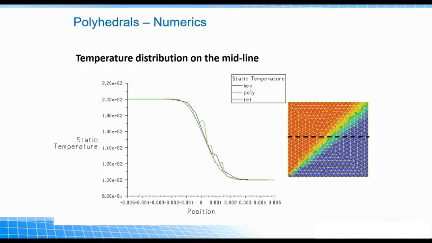Really, you would get more of a smooth transition here, which is what you would be after. The hex line in black is much better. It still has some angles and some back and forth on it, but it's quite a bit better than the tet. And then finally, the poly line is the smoothest one, which would most accurately reflect reality and what's really going on in the problem.